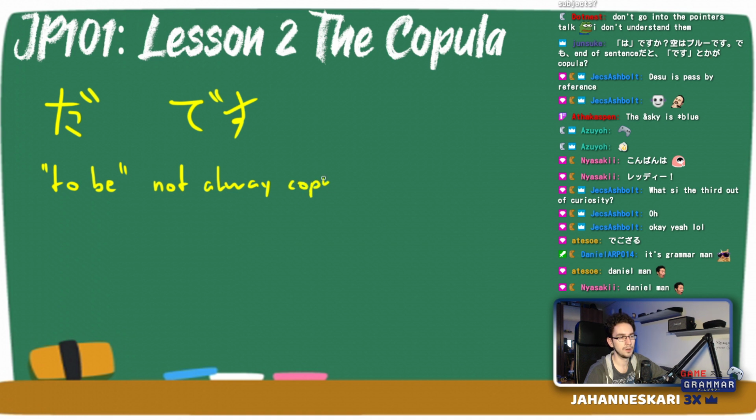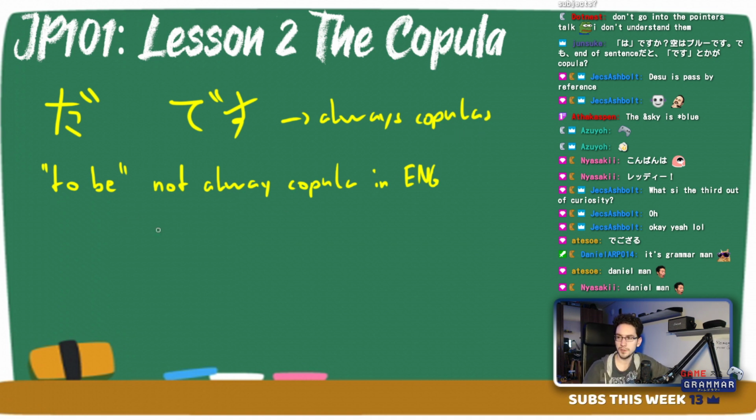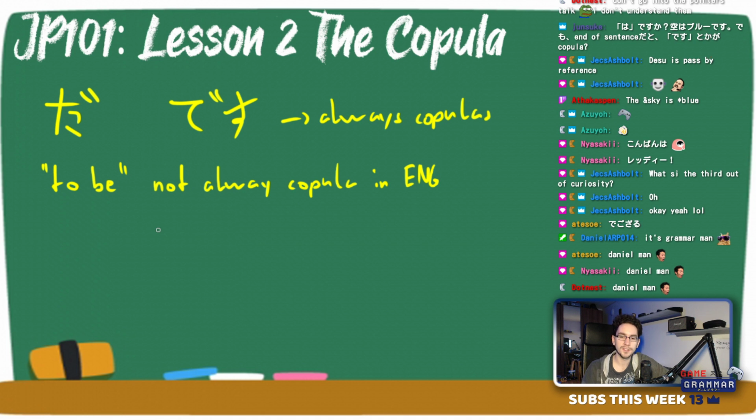However, these are always copulas. So the difference is, in English, the verb to be is used as the copula, but it's not always the copula. When is it not the copula?